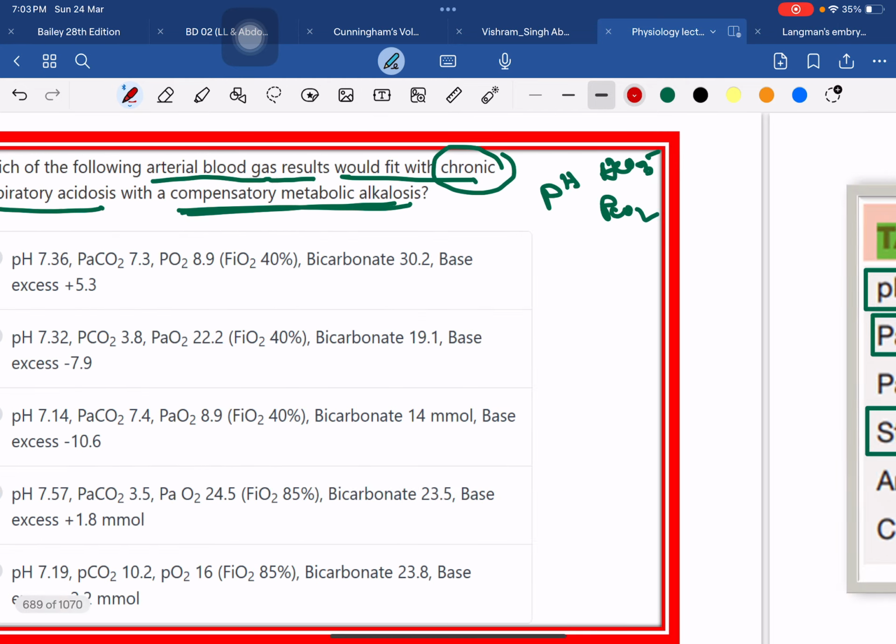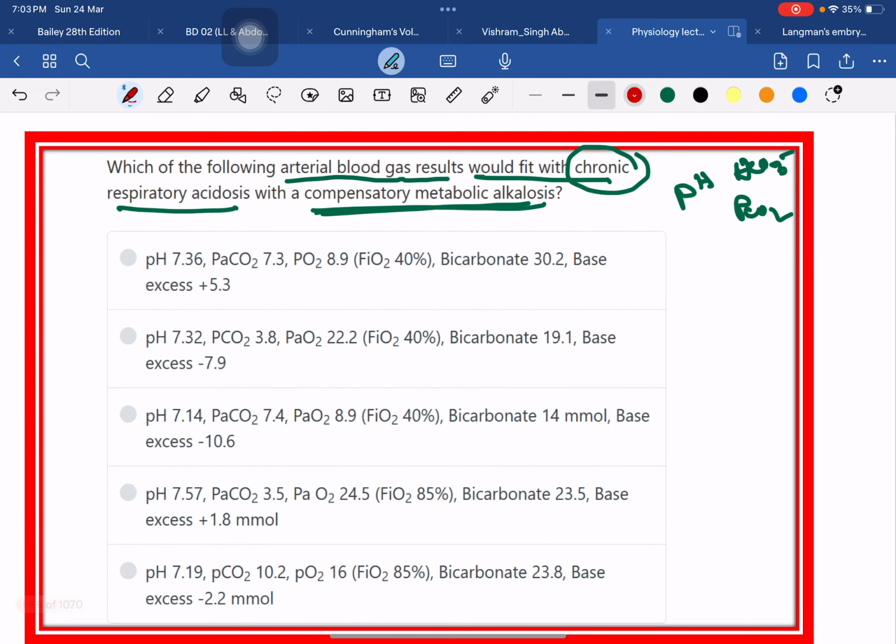For answering the question, respiratory acidosis with compensation means it may be a normal pH or it may be an acidotic condition, that means less than 7.35. So here, first of all, let's see pH less than 7.35. So this pH, and this one, and also this one.